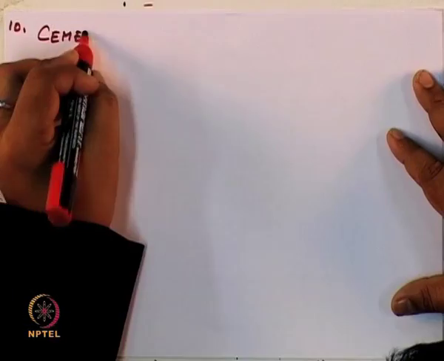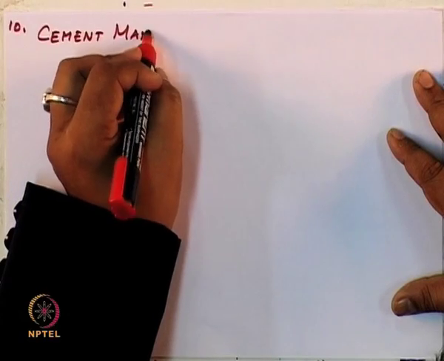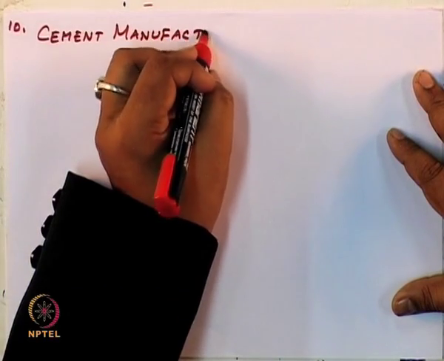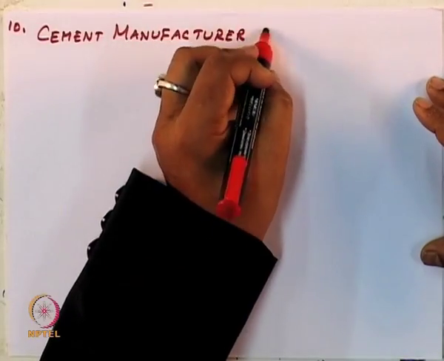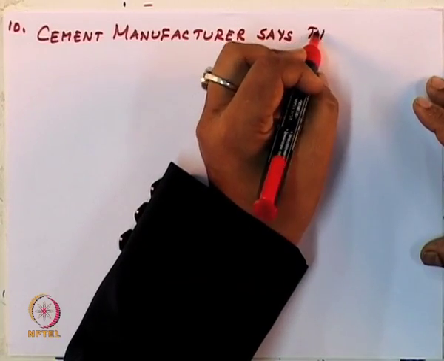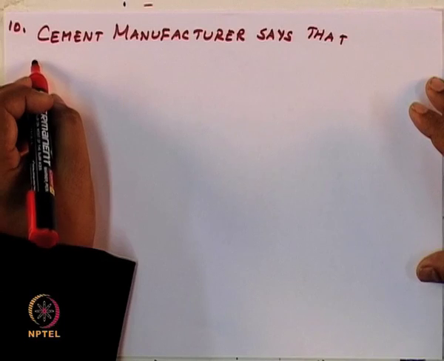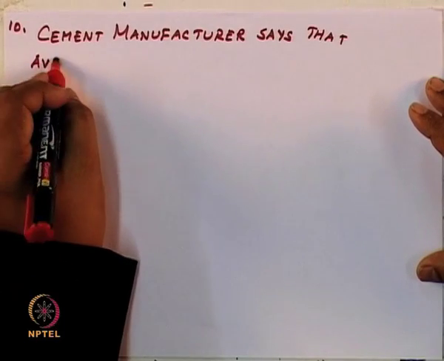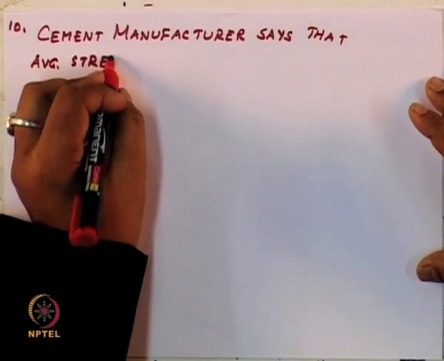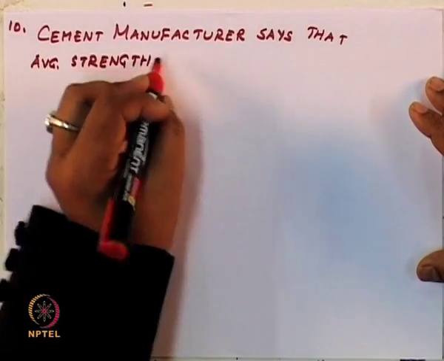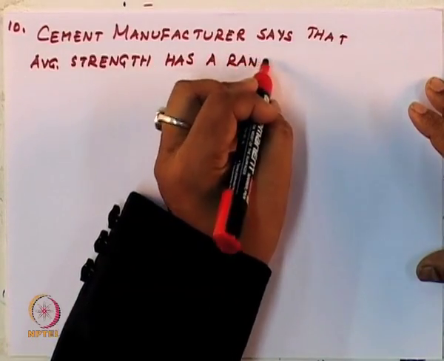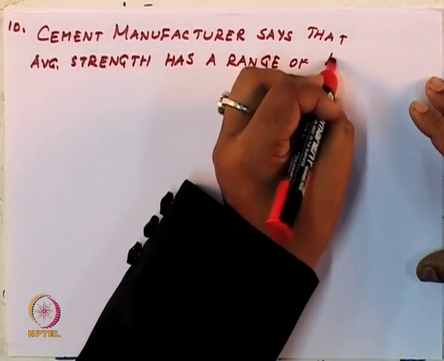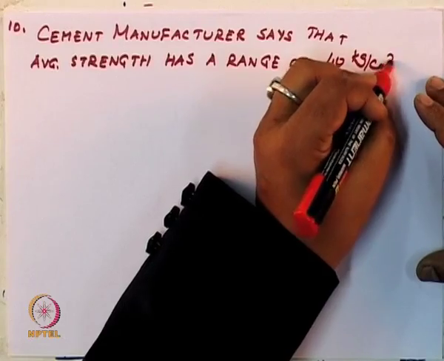Okay. So, let us say a cement manufacturer says that the average strength of the cement that he makes has a range of 40 kg per centimeter square.